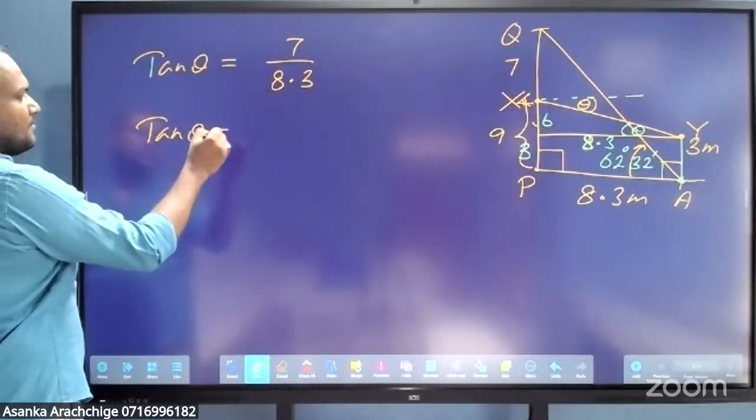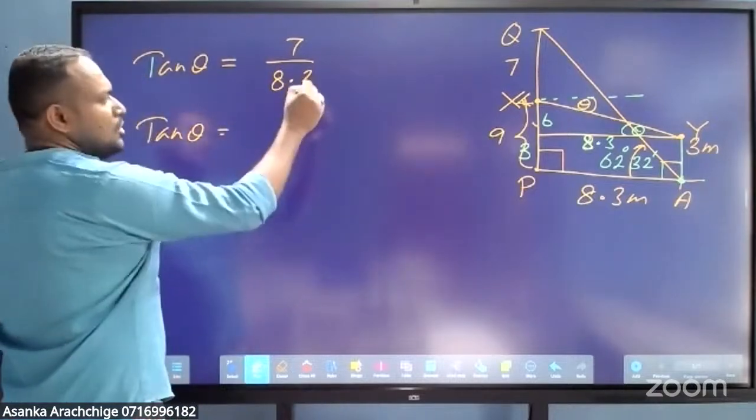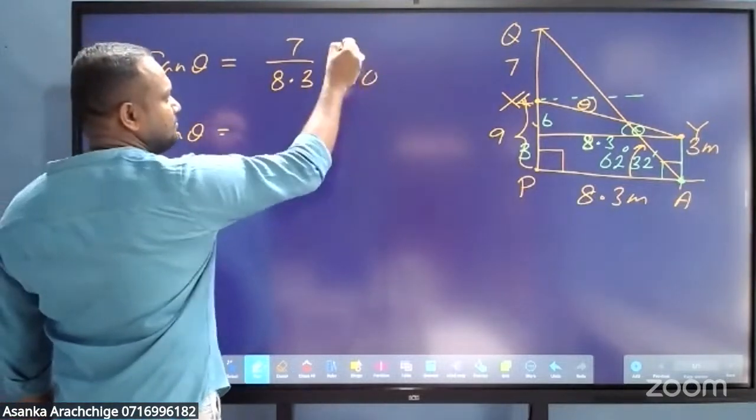Tan theta. Let's divide. You can multiply both by 10.